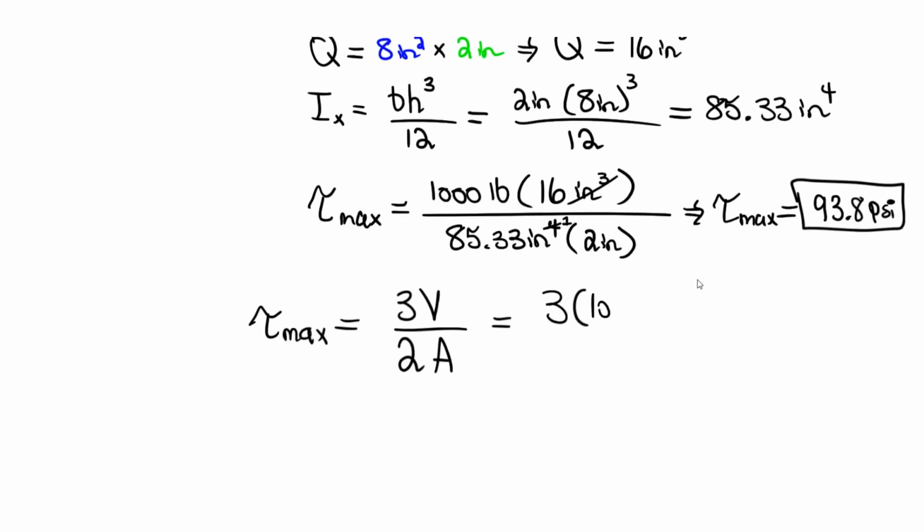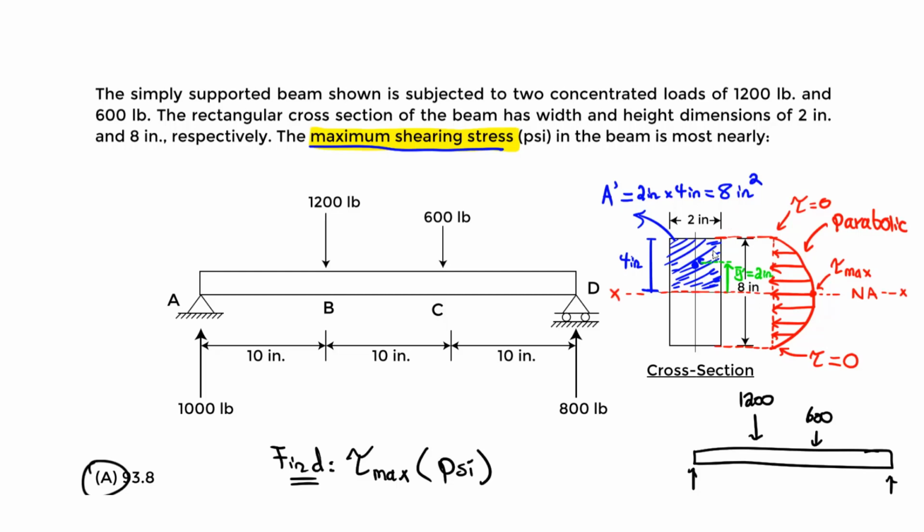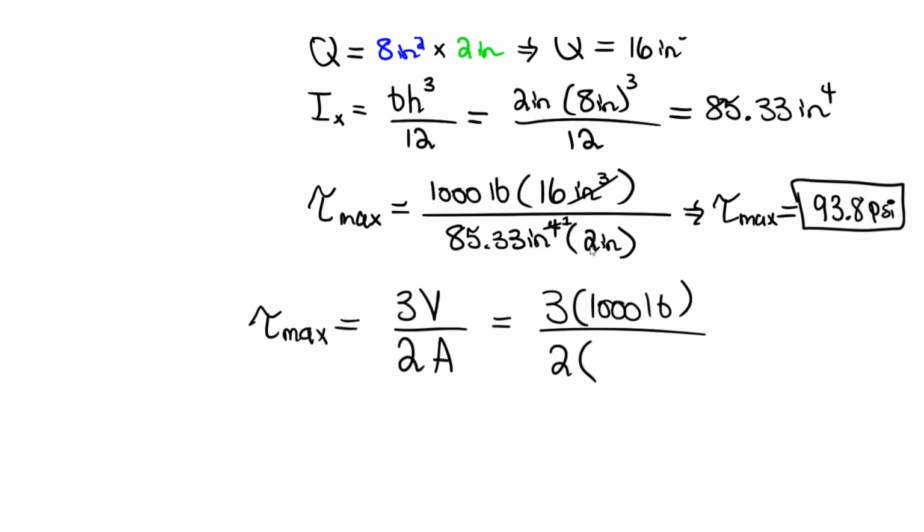So that's going to be 1,000 pounds, the maximum shear force. 2, what's the area? The area is simply, in this case, the 8 times 2. So it's 16 inches squared, the area of the whole section. And if I do that, let me check. We should get the same answer. It should be exact because this one's actually exact. And when I do that, I get 93.75. So it's, yeah, 93.8.